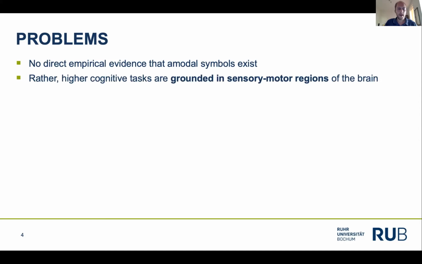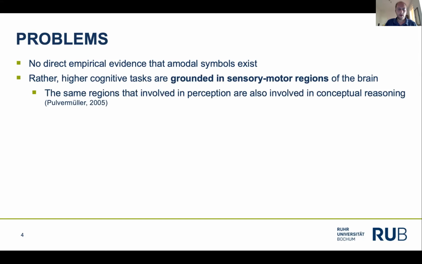What we find instead is that the higher cognitive tasks seem to be grounded in the sensory motor regions of the brain. So, for example, fMRI studies or lesion studies suggest that the same brain regions which are involved in the perception of certain object classes or in the motor interaction with certain object classes are also involved in conceptual reasoning about those same object classes.